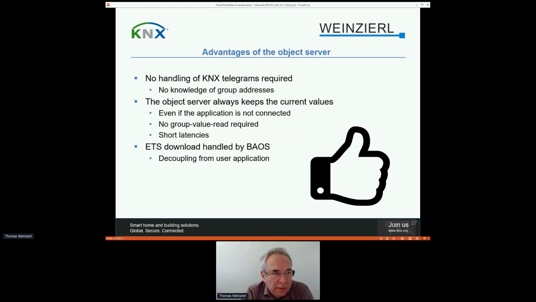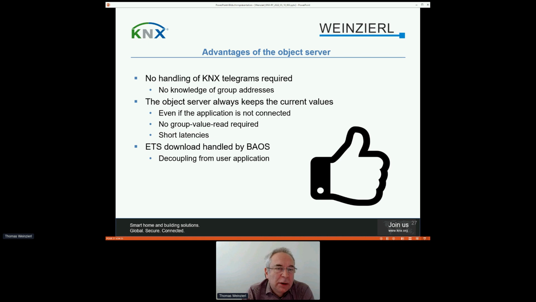So again, the advantage of the object server: the host does not have to deal with KNX telegrams, and the module is also able to keep the current values. That means there's some kind of storage for each group object, and even if the application is sleeping, the module can keep the most recent values in memory.